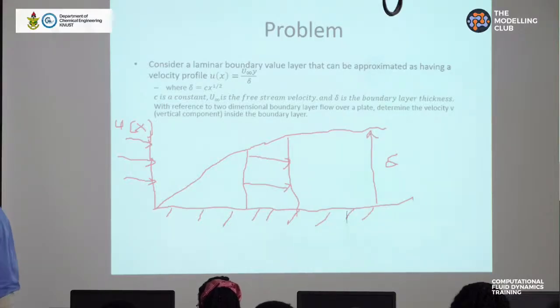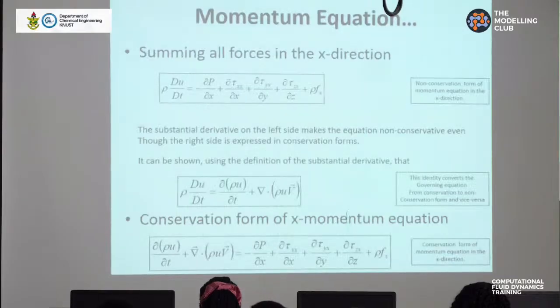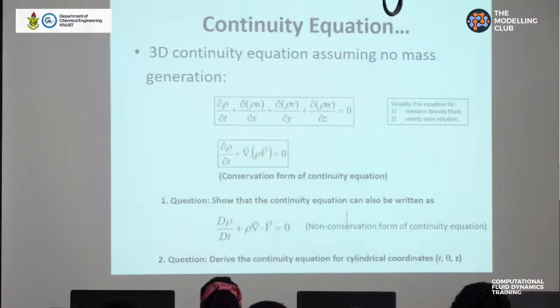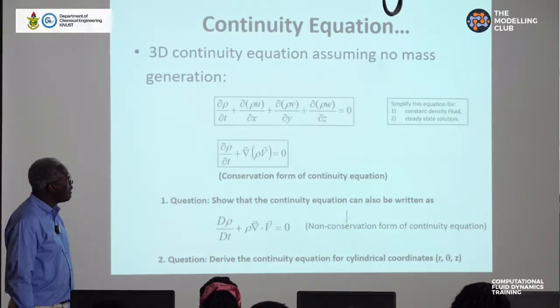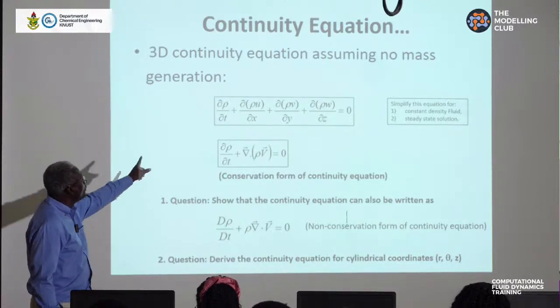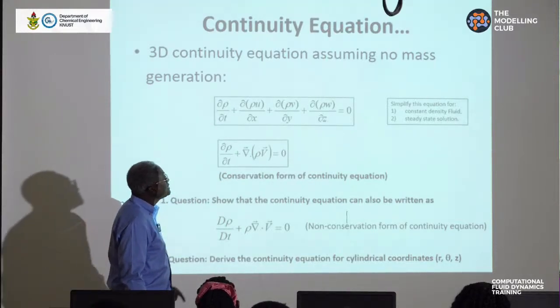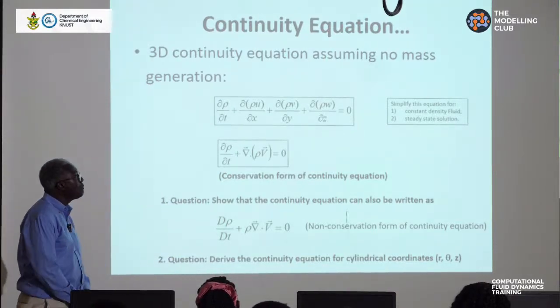Okay, so if I go back to my conservation of mass, my continuity equation, for our problem, which of these terms have to drop out?